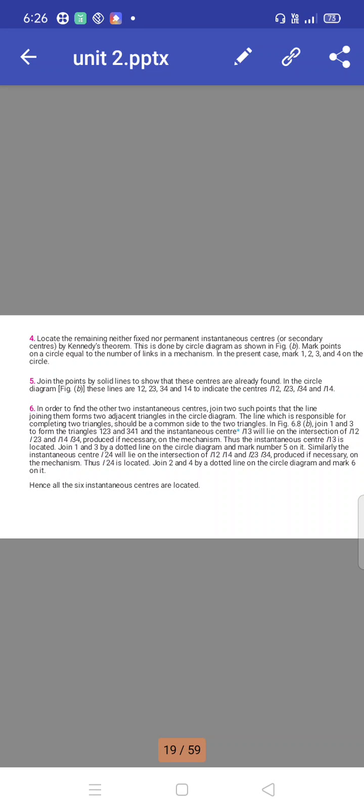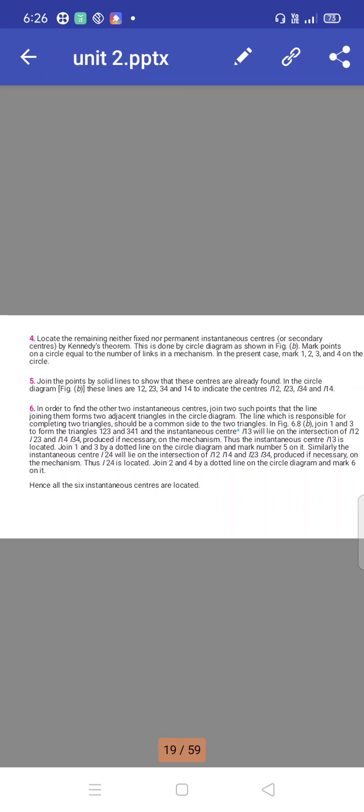Join 1 and 3 to form triangles 1, 2, 3 and 3, 4, 1. The instantaneous center L13 will lie on the intersection of L12, L23 and L14, L34, produced if necessary, on the mechanism. Thus L13 is located; join 1 and 3 by a dotted line on the circle diagram and mark number 5 on it.